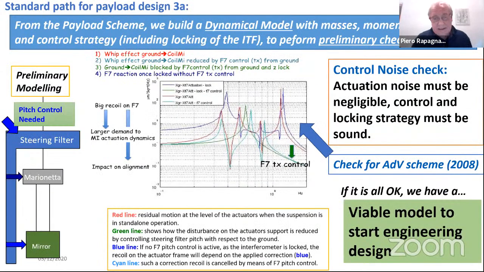Then also there is the control noise, as I already said. The control noise depends on the kind of strategy that we use to control the marionette and the mirror, mainly, or all the suspended bodies of the payload. This strategy must be performed without increasing the overall noise, without affecting the sensitivity of the instrument, with sensors and actuators that have intrinsic noises that are good enough.